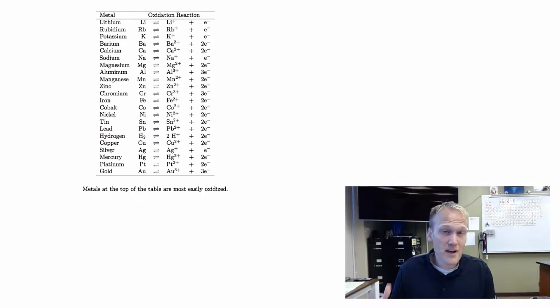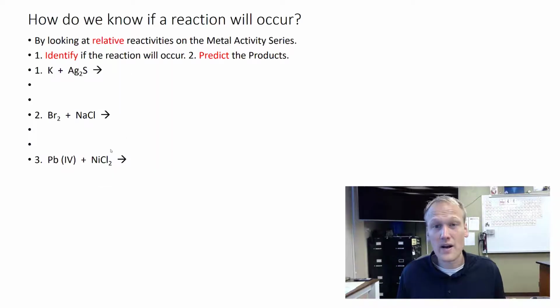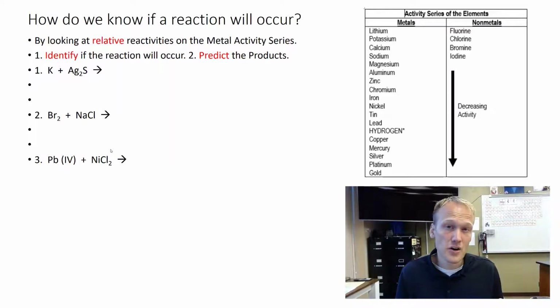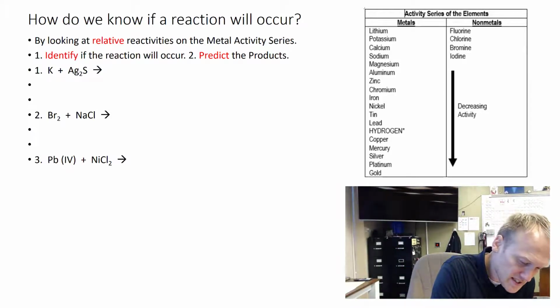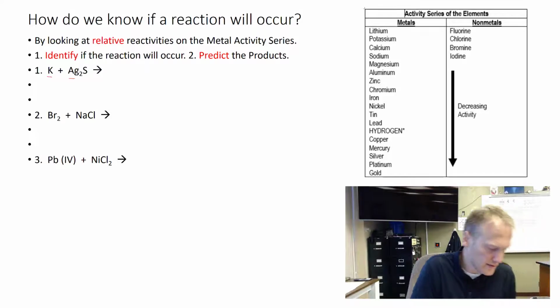Here's another example of the metal reactivity series and the electrons they lose when they are reacting. The way to think about these problems is you'll be given equations and asked, will this reaction occur? One way to think about this is in terms of relationships. At the end of the reaction, the more reactive thing should be bonded. In number 1, we have potassium and silver.